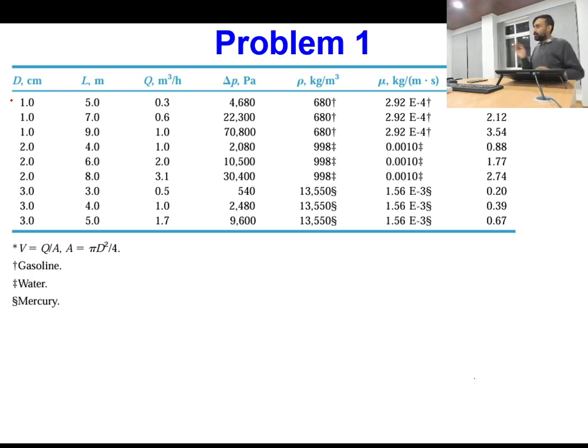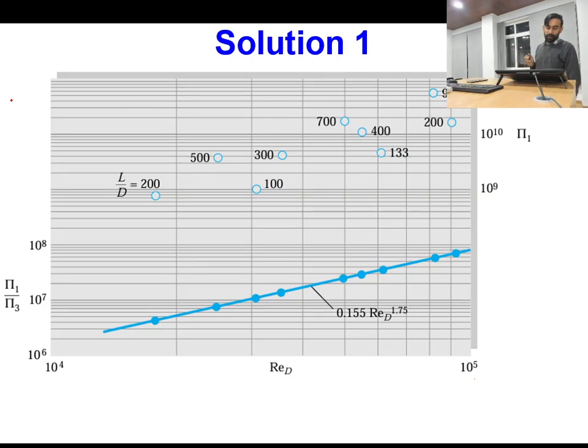By using this data, I have to find out the corresponding values for the obtained dimensionless variables. So I have to calculate the values of pi 1, pi 2 and pi 3, and then I have to plot this. So in the next slide I have given you the plot.